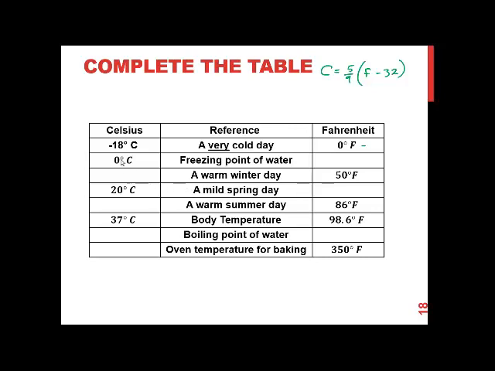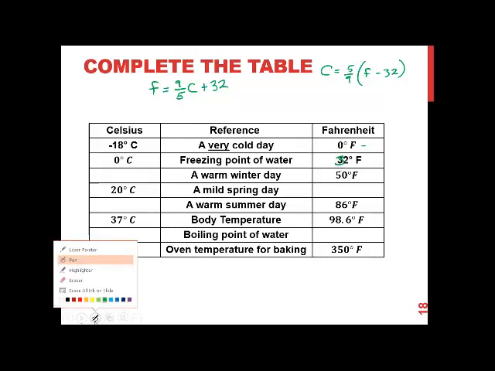All right, freezing point of water, 0 degrees Celsius. Now we know the freezing point of water, but I'll go ahead and write our formula. We'll take 9/5 of our Celsius temperature and then add 32 degrees to that. 9/5 of 0 is 0. Add 32, we get 32.